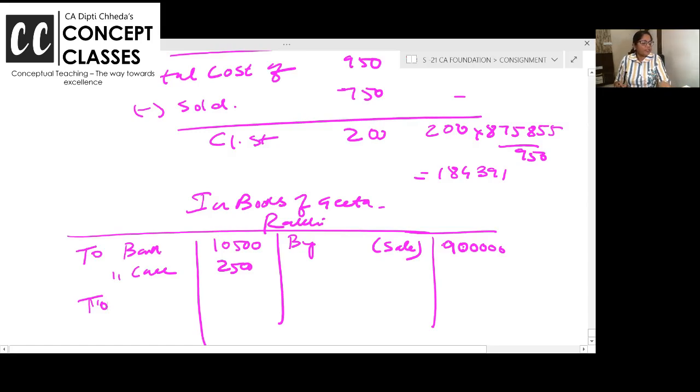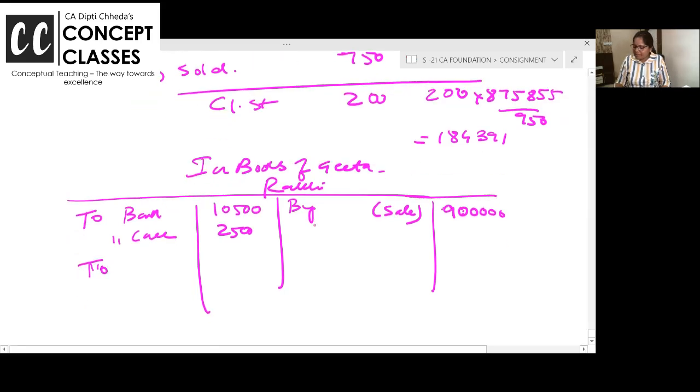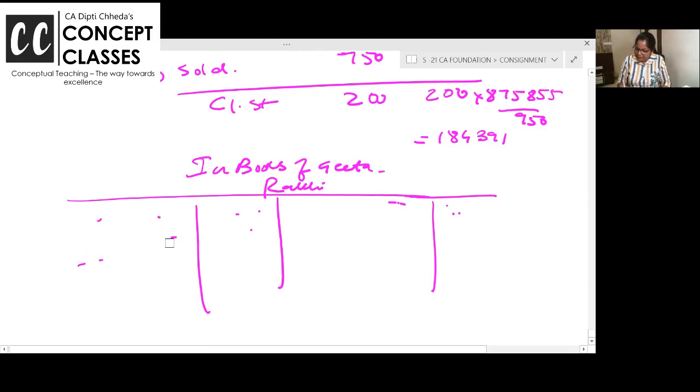Okay. In the books of Gita, Rakhi's account. When they sell the goods worth 9 lakh rupees, Rakhi account debit to sales. Sorry, this sales will come on this side. I did it wrong. They will pay to Rakhi, no, 9 lakh rupees they have to pay. Change it, please.